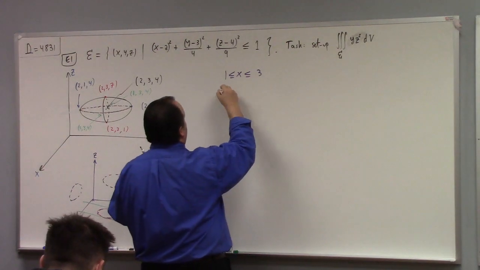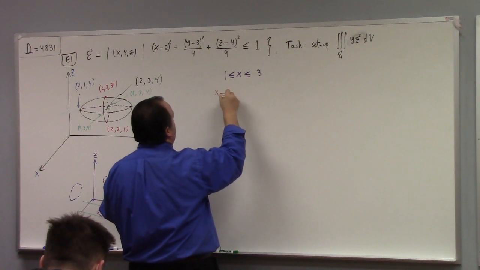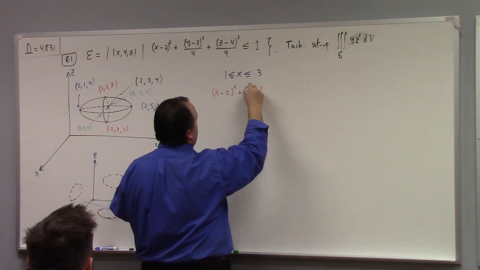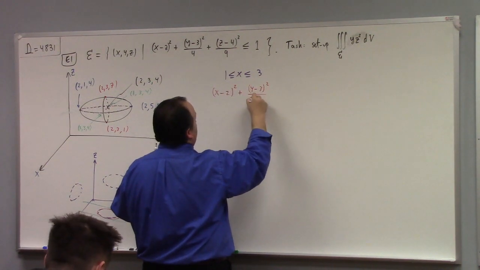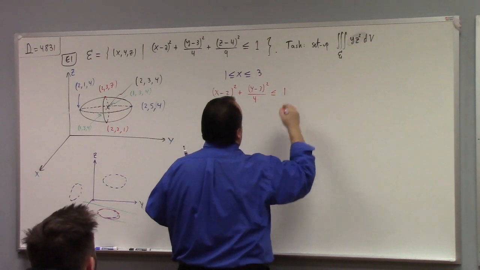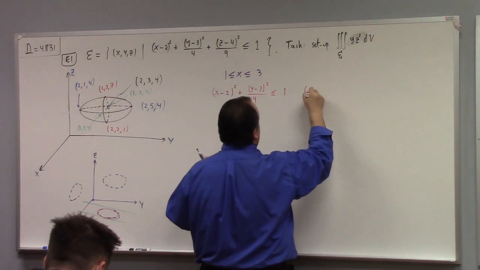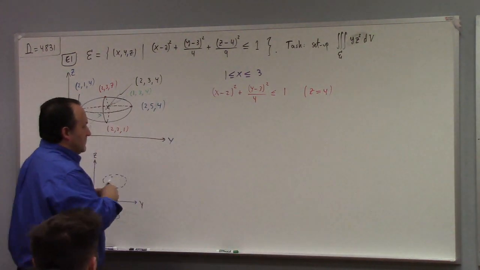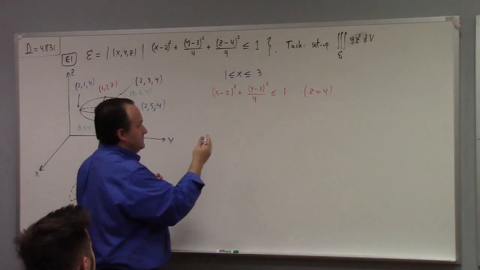So from z equals to 4, I've got x minus 2 squared plus y minus 3 squared over 4 less than or equal to 1, right? That's when z is equal to 4. And so if I solve that for y, what do I get?